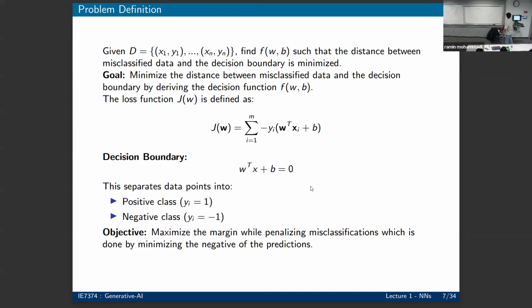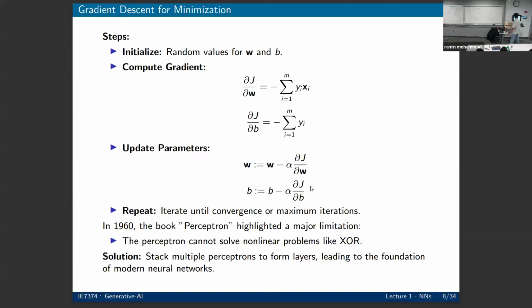And how do we minimize that? We use something like gradient descent. And in gradient descent, the idea is that you have these parameters, you take a derivative of the cost function with respect to the parameters that you have. So if you take a derivative with respect to W, this is what you get. If you take a derivative with respect to B, this is what you get.